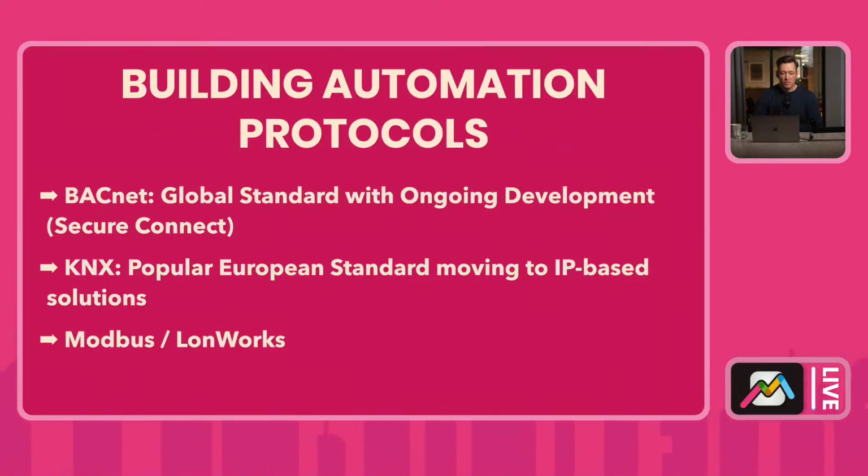So first, look at building automation protocols. These are the standardized communication methods that enable a building system to exchange information. They're like the specialized language that allows your HVAC controls to communicate with your lighting control system, for example.